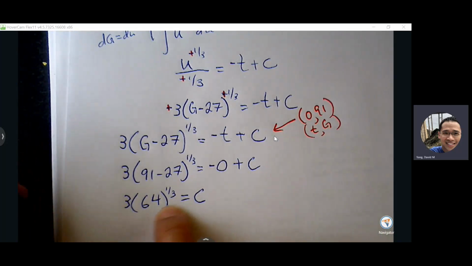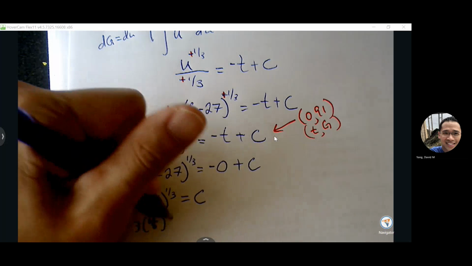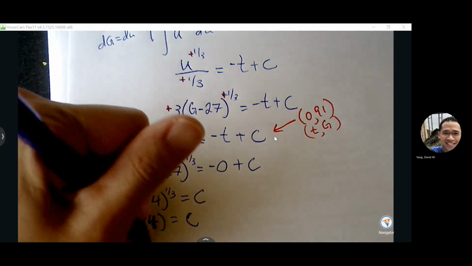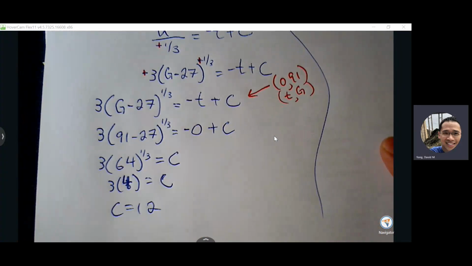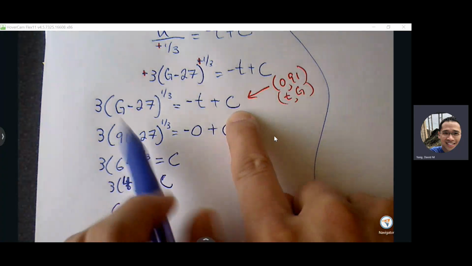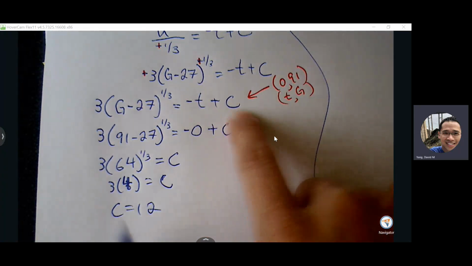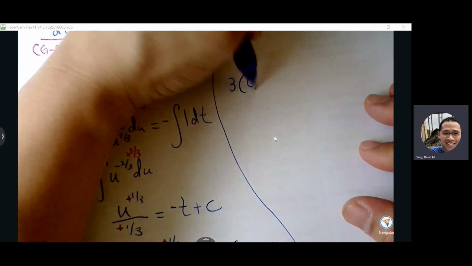Cube root of 64 is 4. 4 times 3 is 12. Okay, I'm going to reset. Go back to where I started making my substitution. Plug 12 in for C. And then I'm just trying to solve for G now.